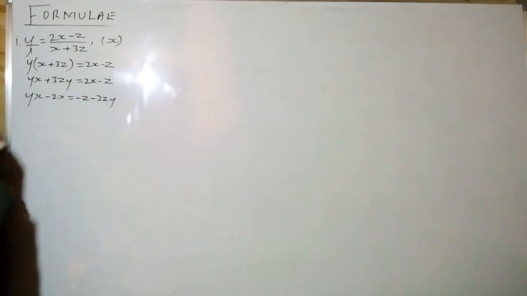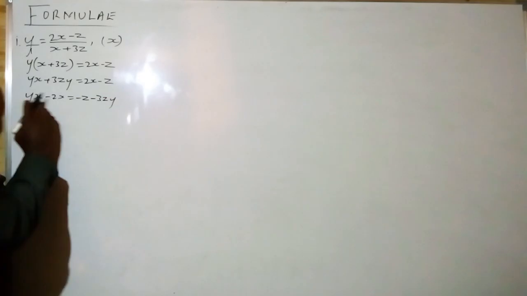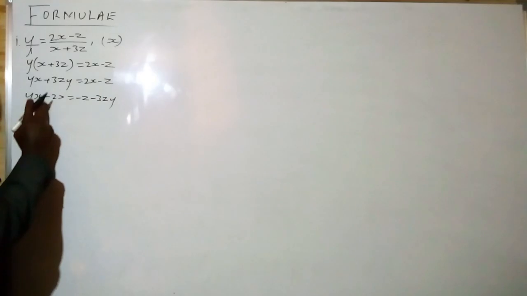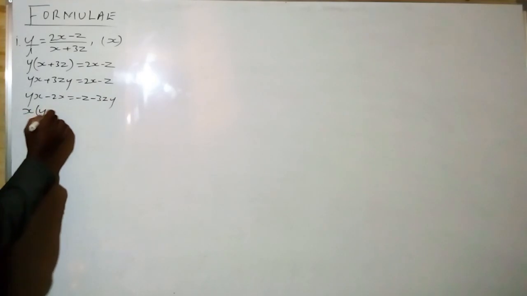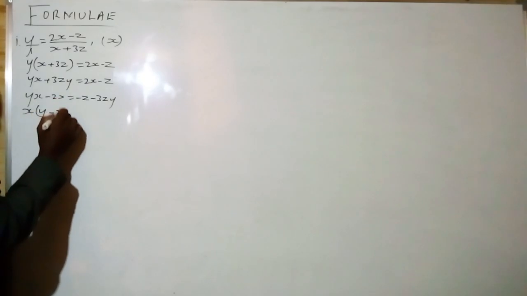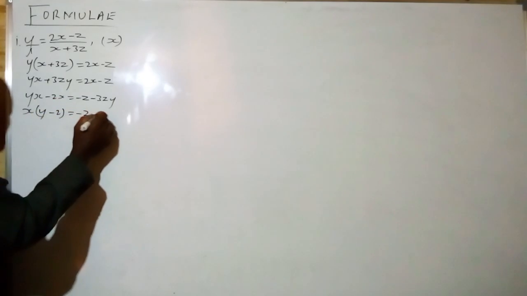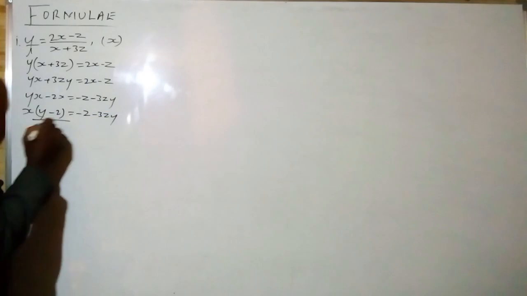That being the case, we take x outside the bracket. The yx and 2x, GCD is x. Then yx divided by x is y, minus 2x divided by x is 2, equals negative z, negative 3zy. Then you divide by y minus 2.